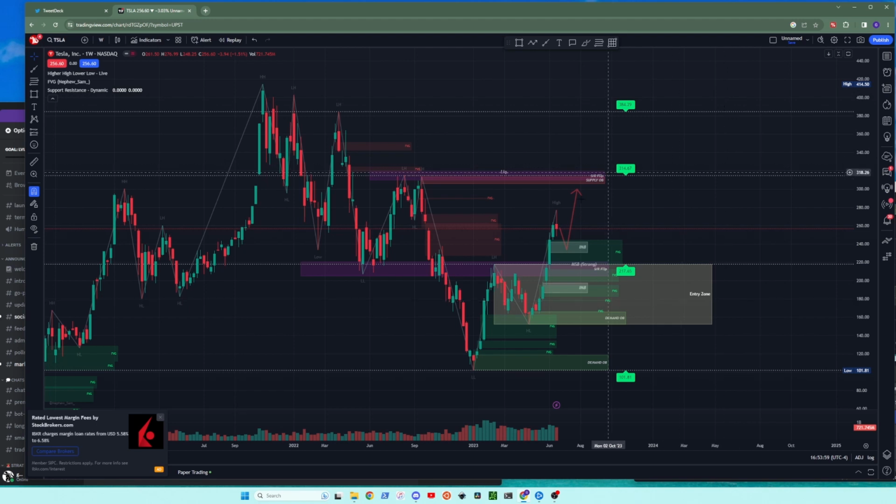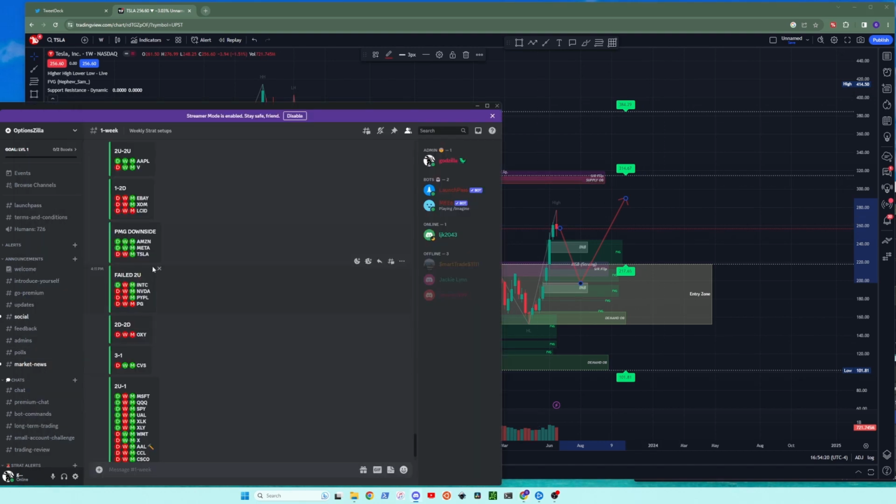I'd be looking for price to come back down here somewhere, and then when I see it reverse out on a smaller time frame, that'd be my long entry at that point. A healthy move down to give you a nice stronger move up. Tesla. All right, what else?